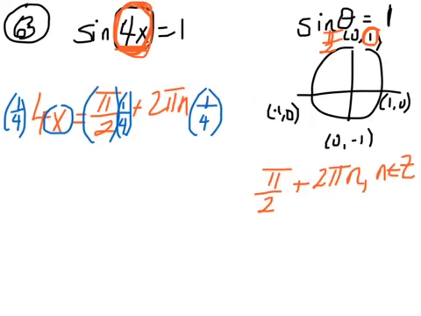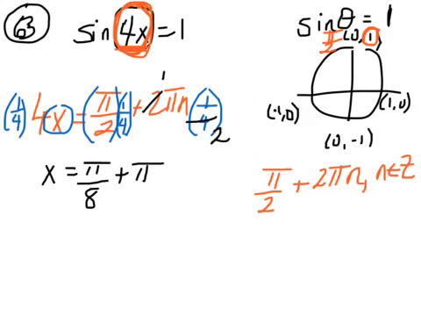So what I end up with is a fourth times 4 is x. Pi times 1 is pi, 2 times 4 is 8. Over here, the 2 goes into 2 once, the 2 goes into 4 twice. So I end up with the answer pi over 8 plus pi over 2 times n, where n is an integer. This exactly matches the book.